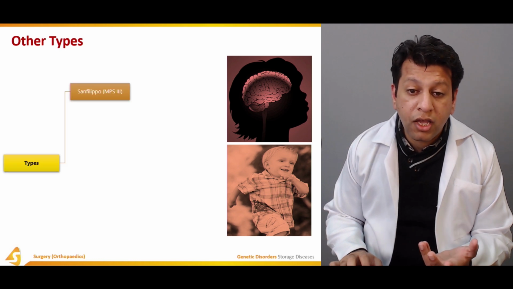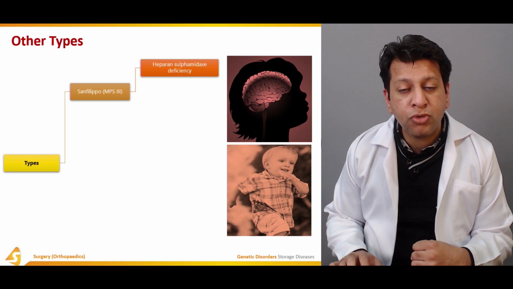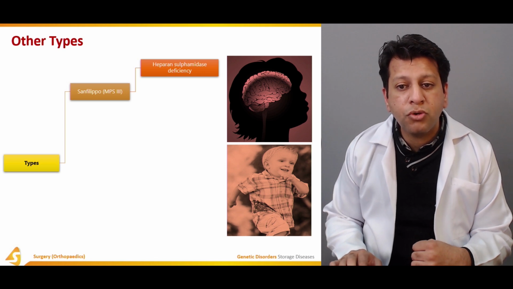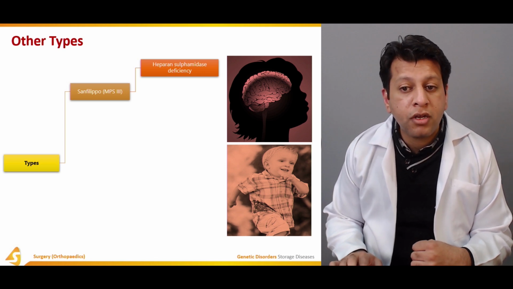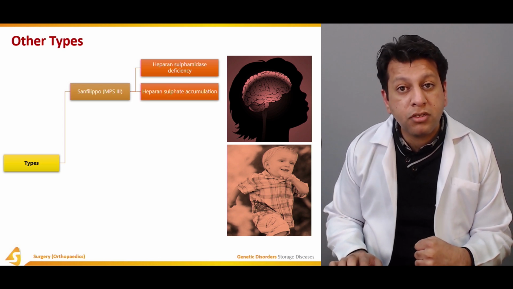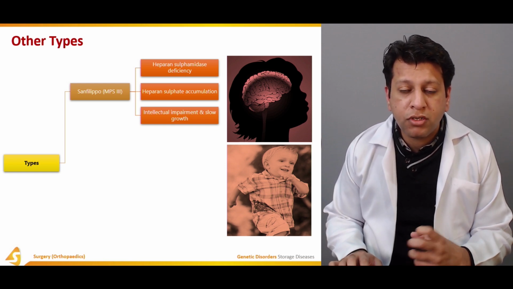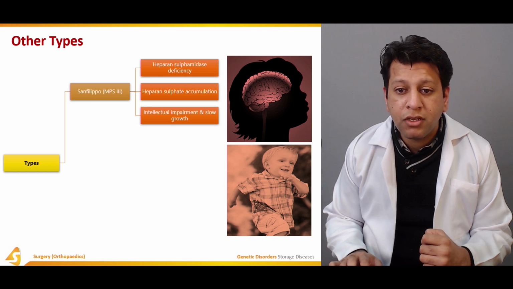The third type is Sanfilippo type mucopolysaccharidosis. Usually, it's a deficiency of heparan sulfamidase, which leads to heparan sulfate accumulation. Intellectual impairment and slow and stunted growth is a classical feature of this disease.